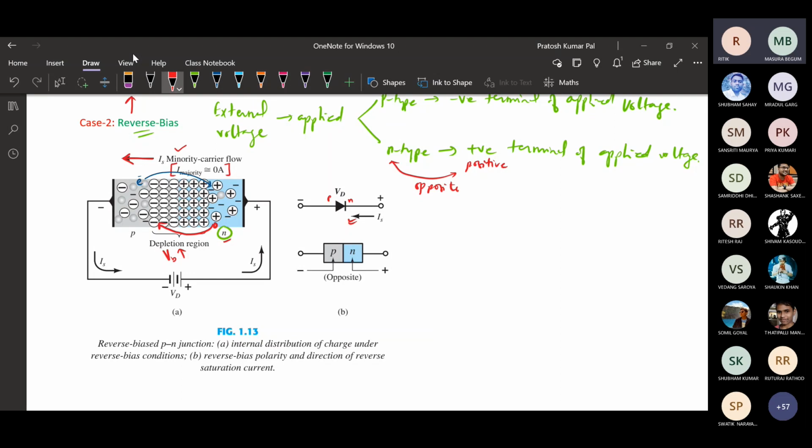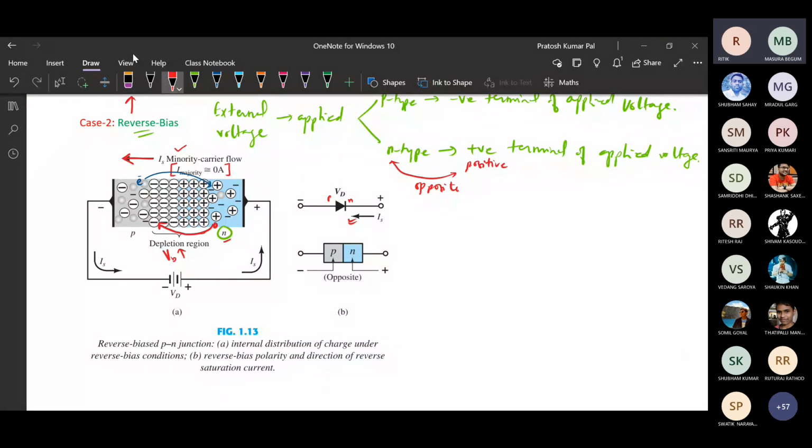Here you have already seen that the depletion region will be increased, and that increase is due to a large number of immobile charge carriers collecting at the junction. So the depletion region has widened, the width of the depletion region has increased.